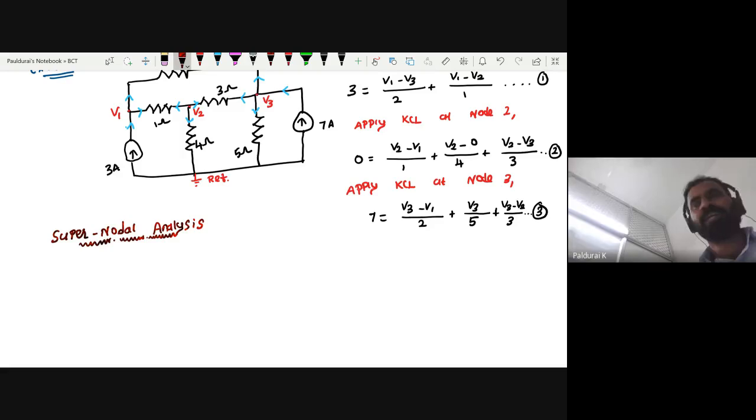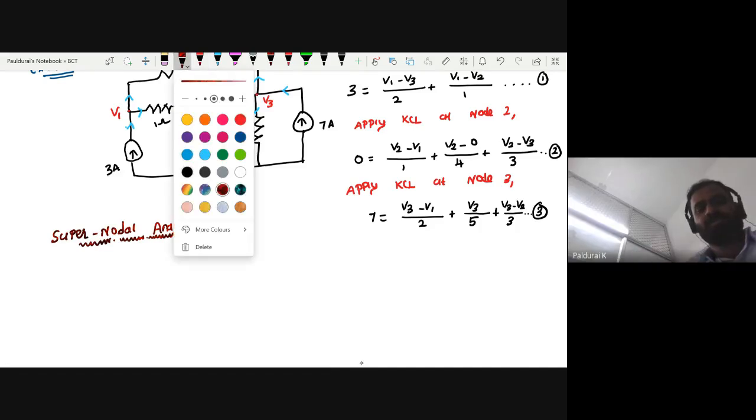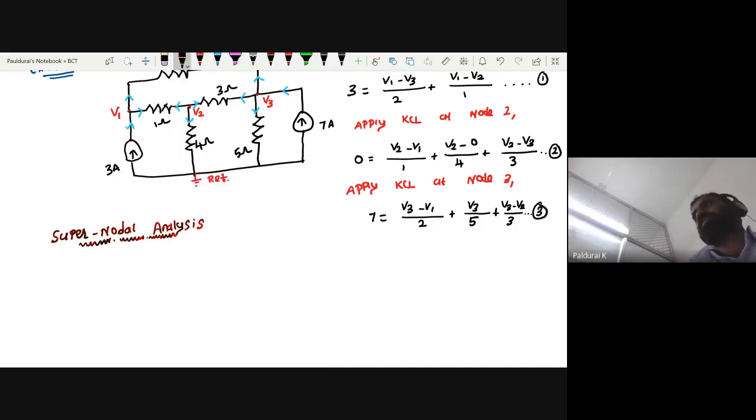So let me put the heading super nodal. When you apply super nodal, you know why it is so called, right?